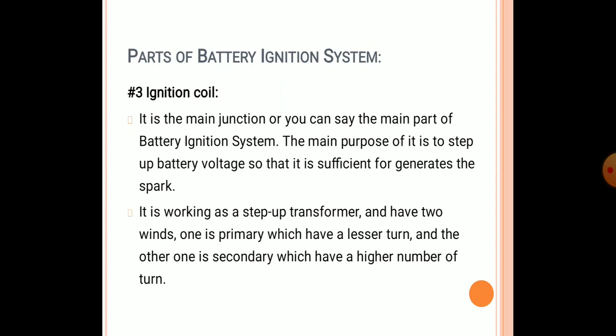The third part of the battery ignition system is the ignition coil. It is the main part of the battery ignition system. Its main purpose is to step up the battery voltage so that it is sufficient to generate the spark. It works as a step-up transformer.